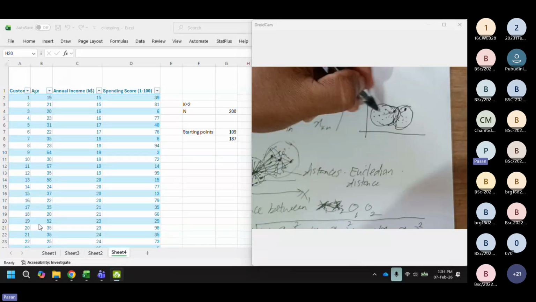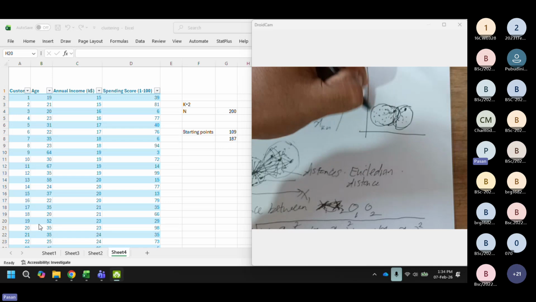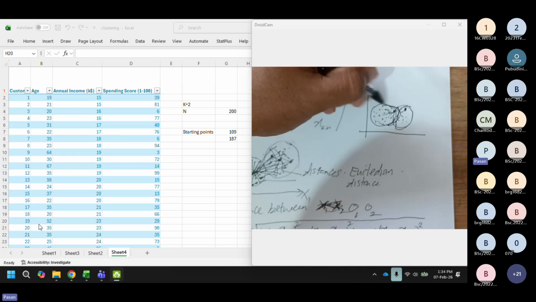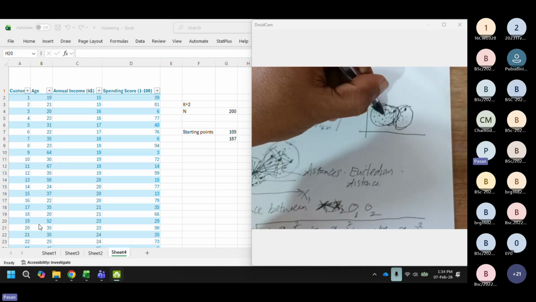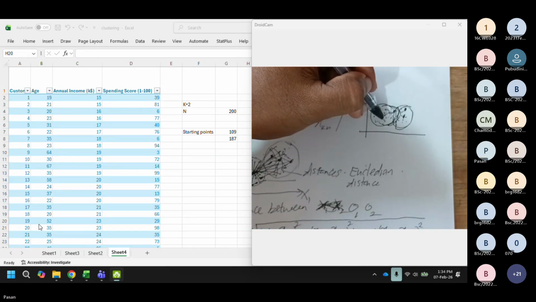Then you can take all these points here, and average them out and you can find a center to represent all these points here. And then to represent all these points here, you can find another center here. So in the next iteration, I can change the center and I can repeat this, right?